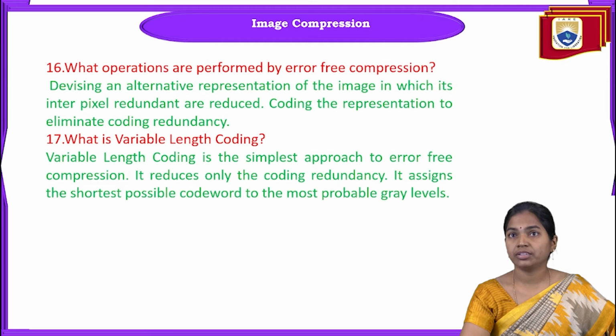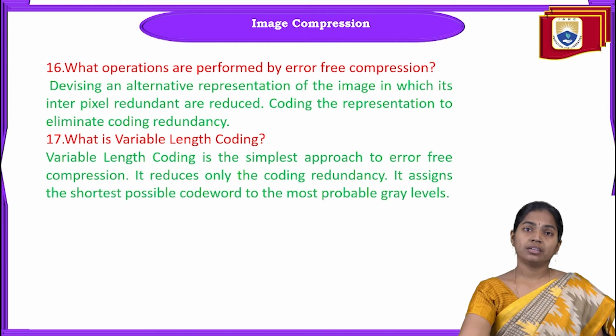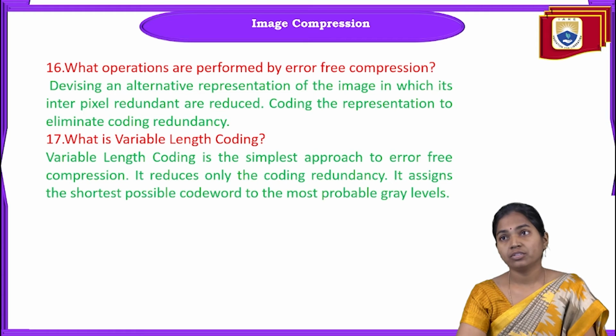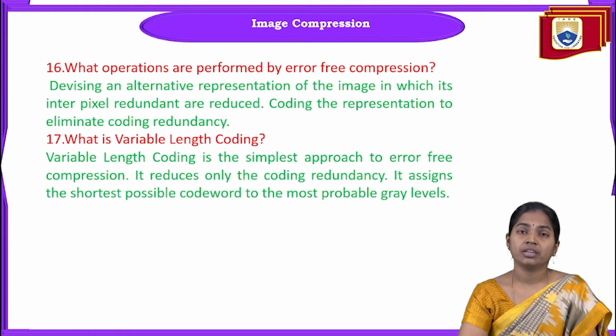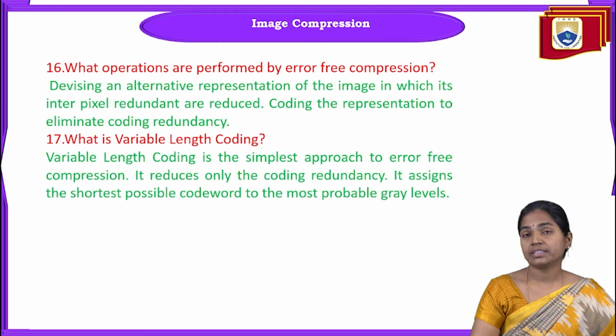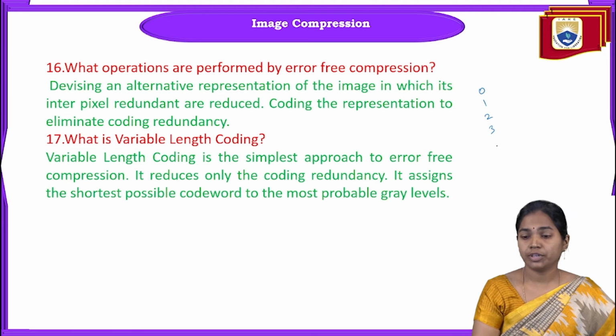What is a variable length code? In redundancy techniques, we have fixed length coding and variable length coding. For fixed length code, for example, my symbols are 0, 1, 2, 3, 4, 5, 6.